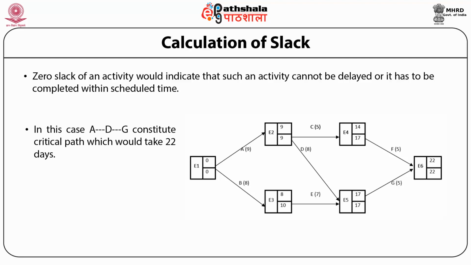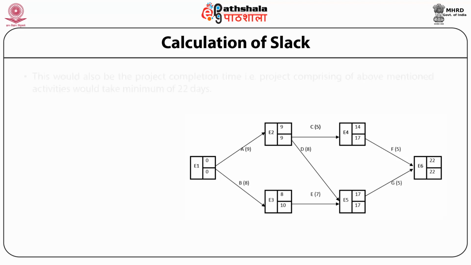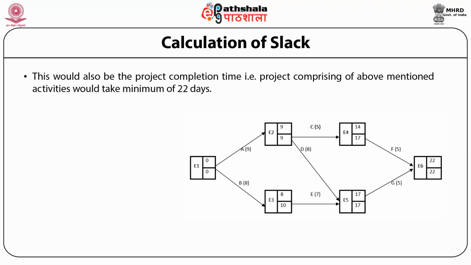In this case, A to D to G constitute the critical path which would take 22 days. This would also be the project completion time, that is, the project comprising of the above mentioned activities would take a minimum of 22 days. Activities with some slack are called non-critical activities.